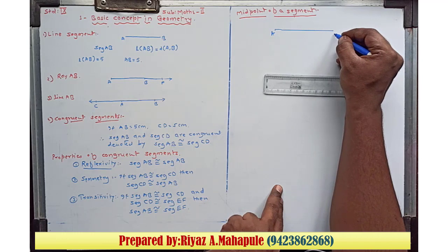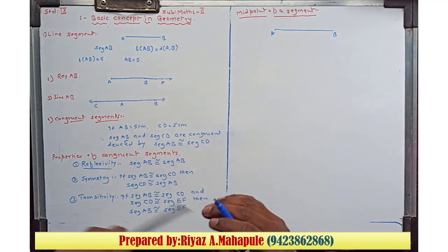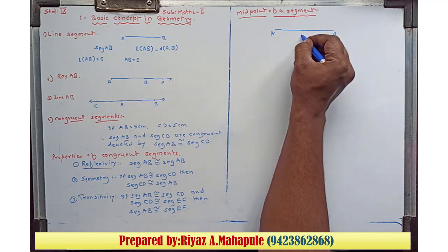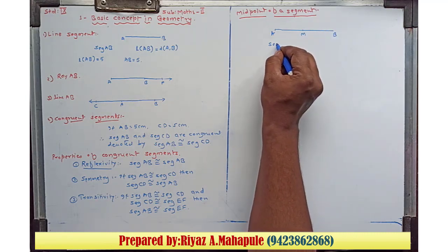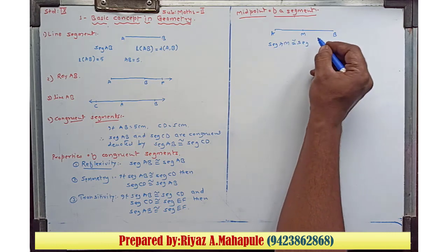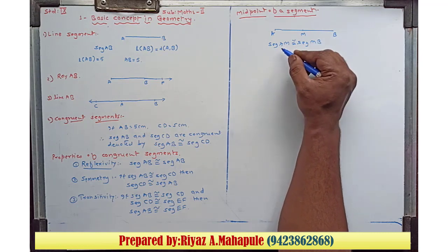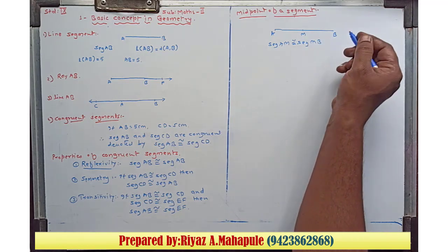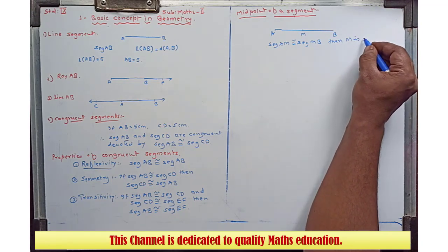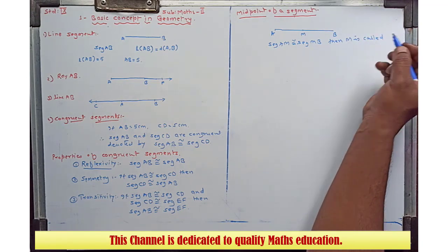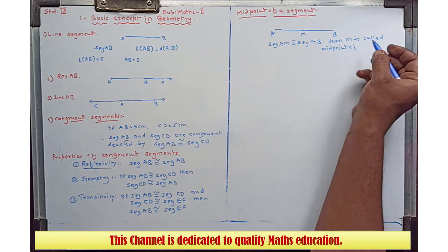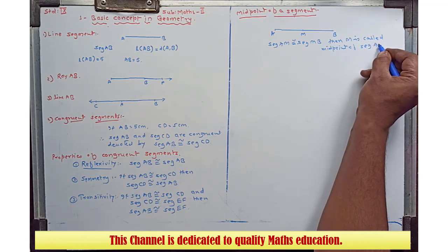Then a point M such that segment AM is congruent to segment MB, then M is called midpoint of segment AB. ठीक है.